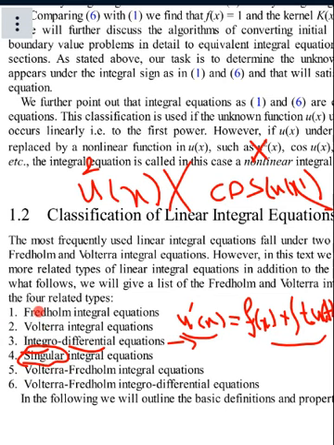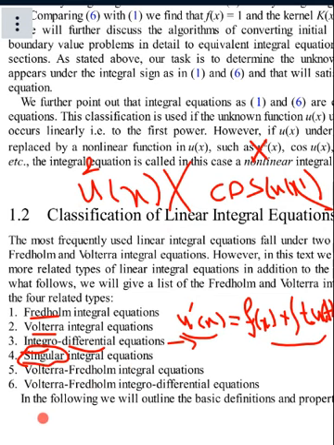In the first case we had Fredholm integral equations, in the second case Volterra integral equations, and in this case we have Volterra-Fredholm integral equations. If we have both Fredholm and Volterra in one equation, we call them Volterra-Fredholm integral equations.